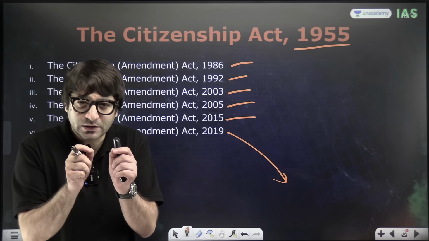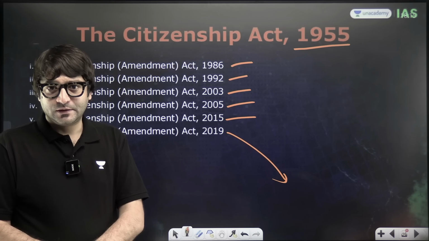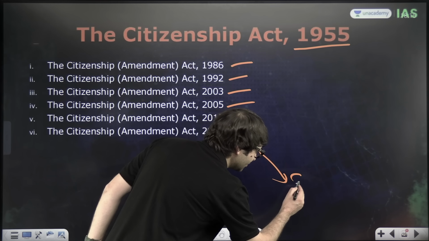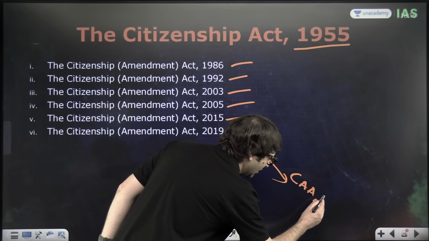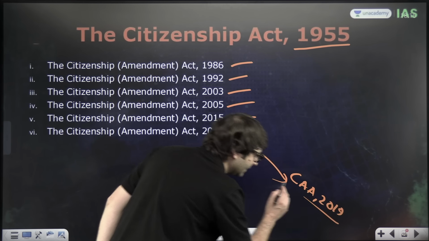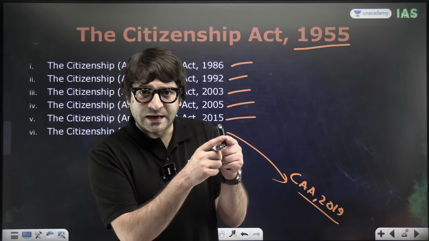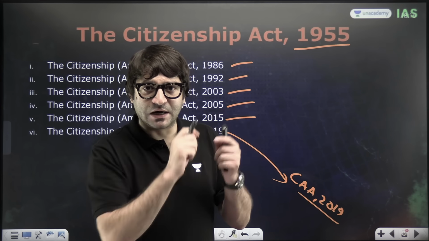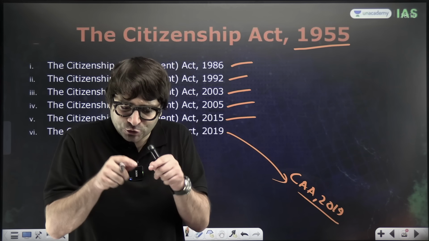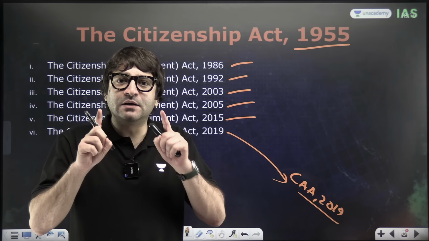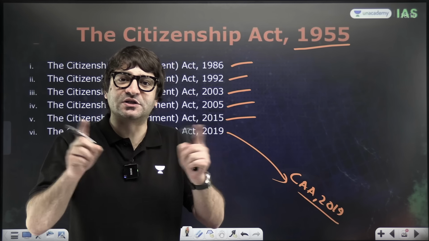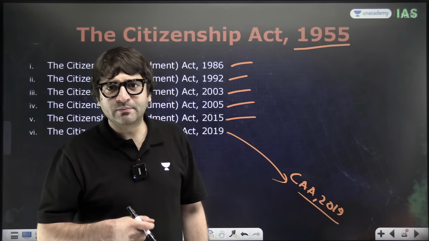2019 one was slightly controversial, because the Citizenship Amendment Act of 2019 gave the right to those who are migrating from Pakistan, Bangladesh, because prior to this law, illegal migrants were not eligible for citizenship. Who is an illegal migrant?